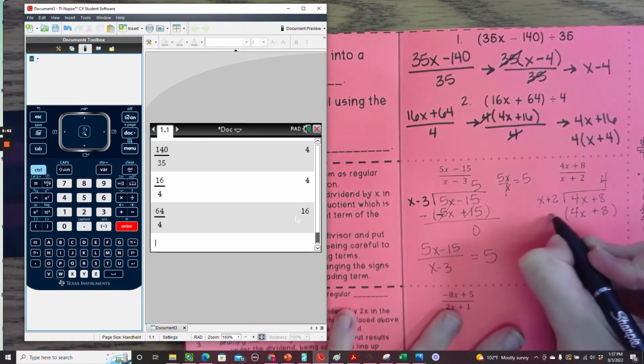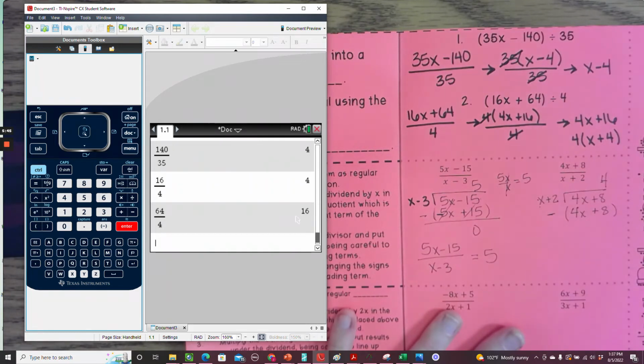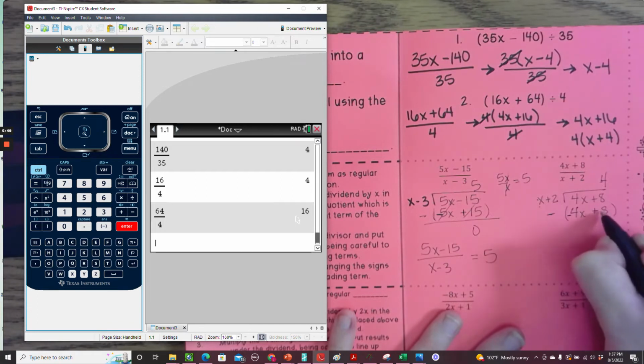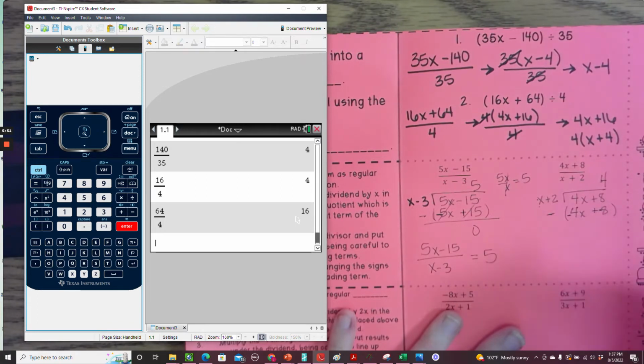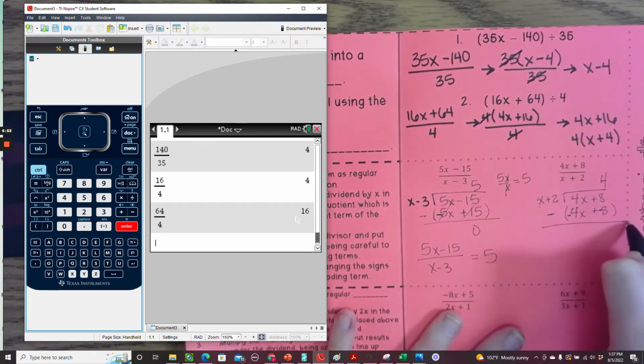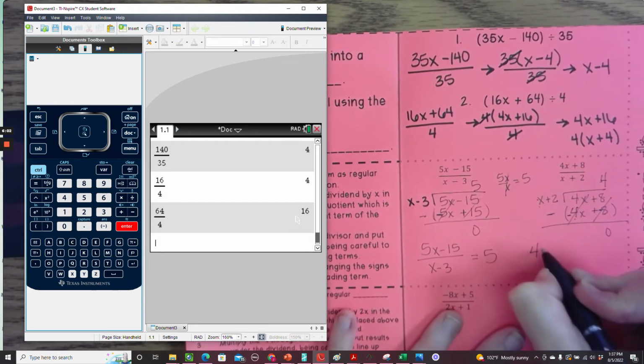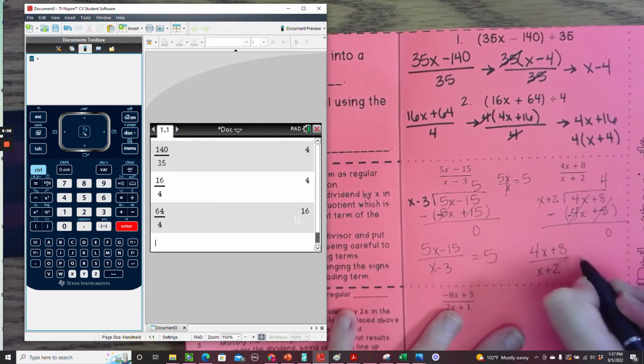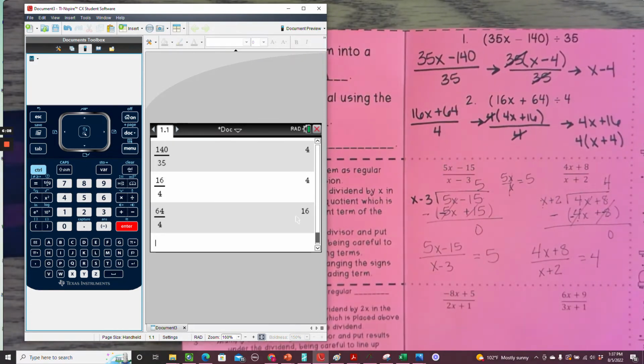I've got to subtract that whole thing. So remember, when I subtract the whole thing, positive 4x becomes a negative 4x, and positive 8 becomes a negative 8. 4x and negative 4x cancel. Positive 8 and negative 8 cancel. No remainder. So 4x plus 8 divided by x plus 2 equals 4.